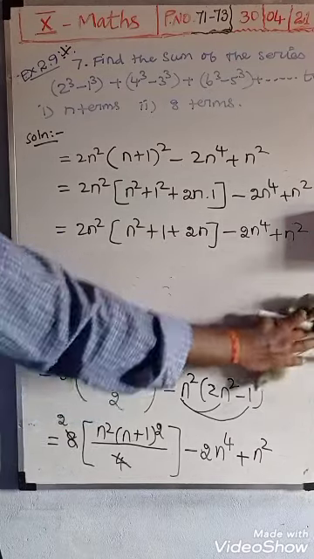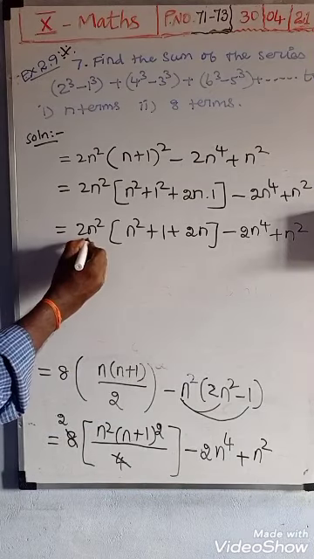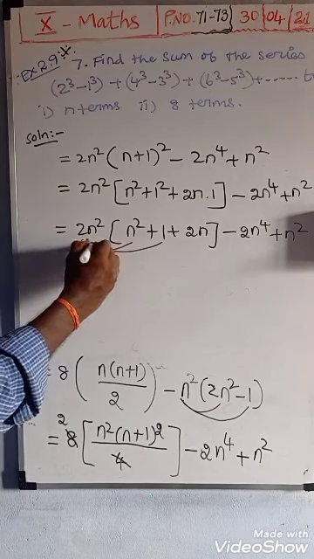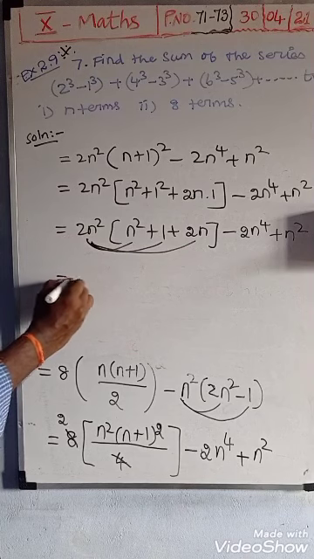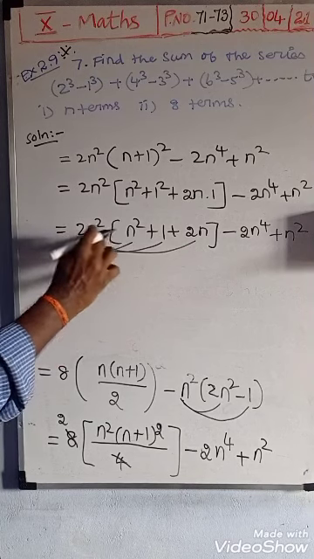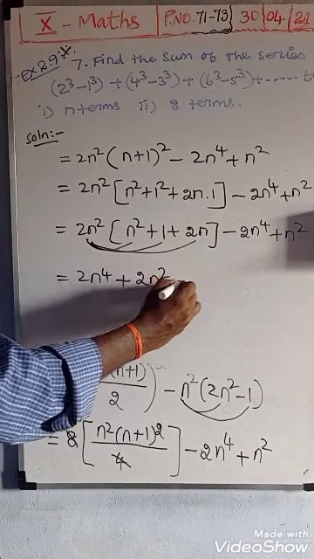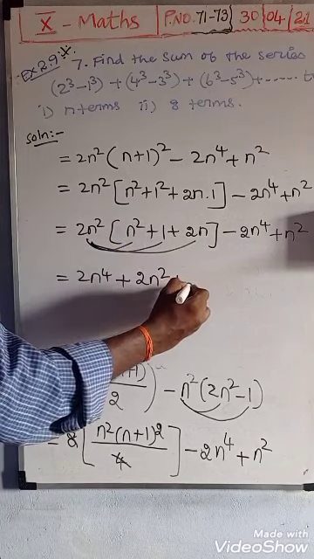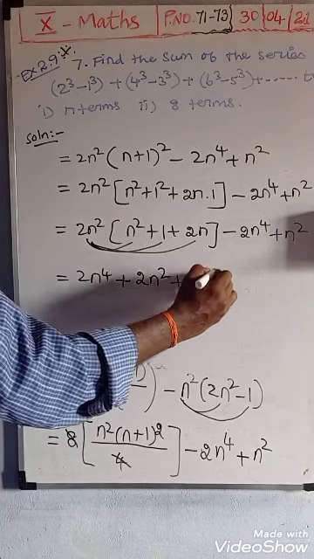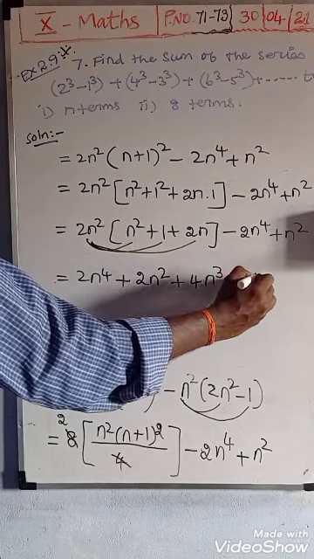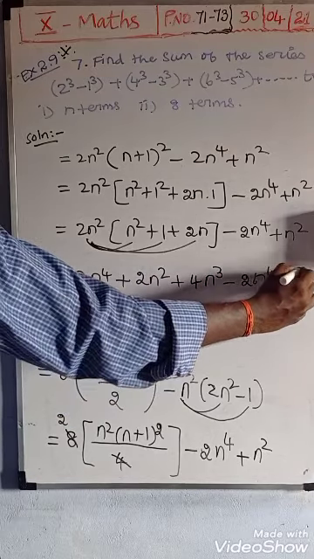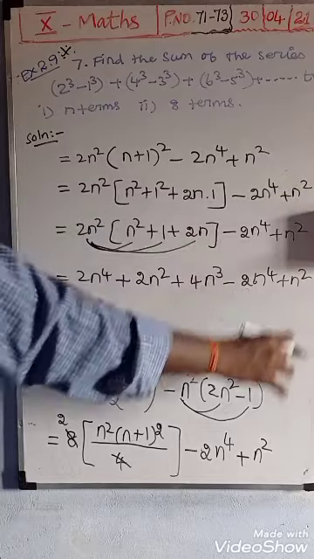Then the next step, you see this 2n squared is common for 3 terms also. So multiply inside: 2n power 4, n squared into n squared is n power 4, plus 2n squared into 1 is 2n squared, plus 2n squared into 2n, 2 twos are 4, n squared into n is n cube, minus 2n power 4 plus n squared. These terms as they are you should write.